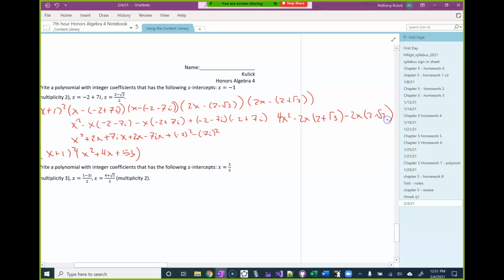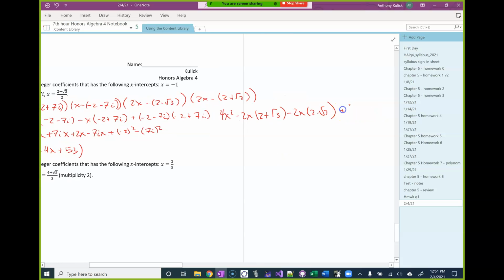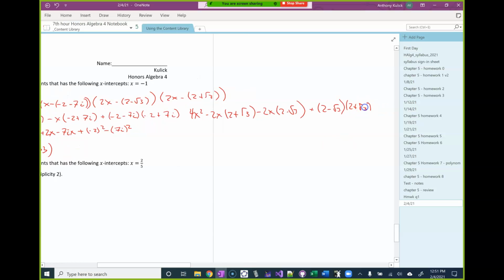So 4x squared, and then 4 minus 3 is 1. I think that should be it.